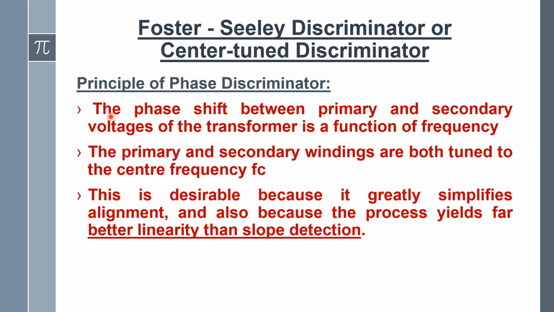The phase shift between the primary and secondary voltage of the transformer is a function of frequency. Whenever the frequency varies, the frequency variations are represented as phase variations. The primary and secondary windings are both tuned to the center frequency, as already mentioned. So we achieve better linearity than the slope detector.